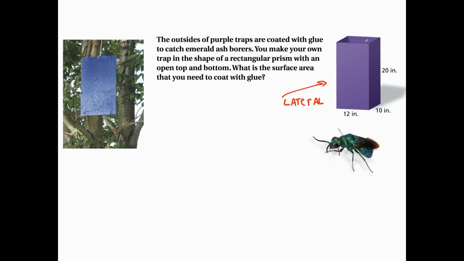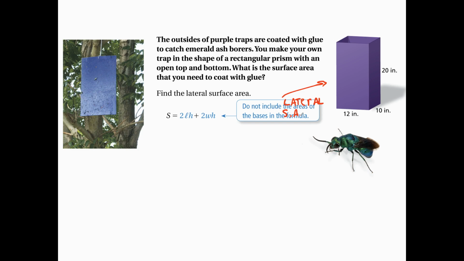We don't have any bases. The top and the bottom are open. So I'm going to write SA for surface area. Okay. So let's do that. Find the lateral surface area. So you don't need to find the area of the bases, just the area of the lateral faces.